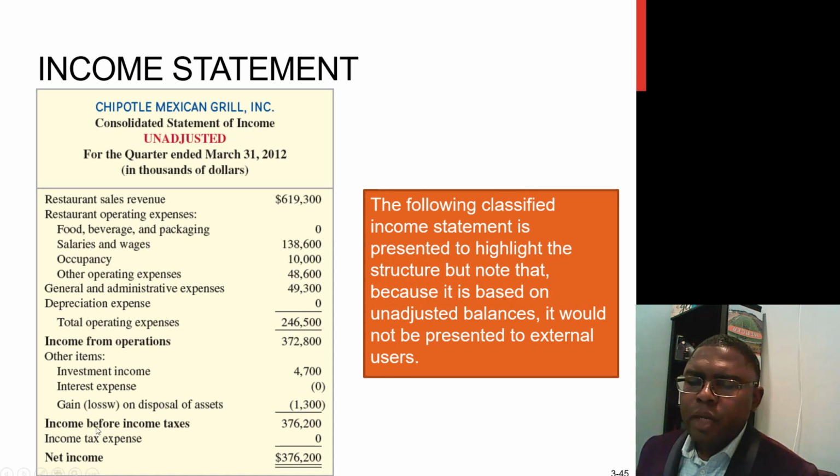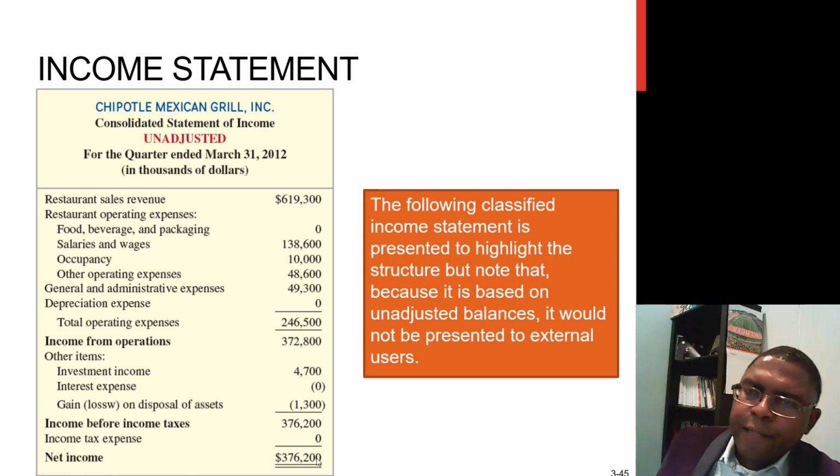So we are going to end up with the income before income taxes. Then once we pay taxes, we end up with a net income. So this is really how the income statement is designed.